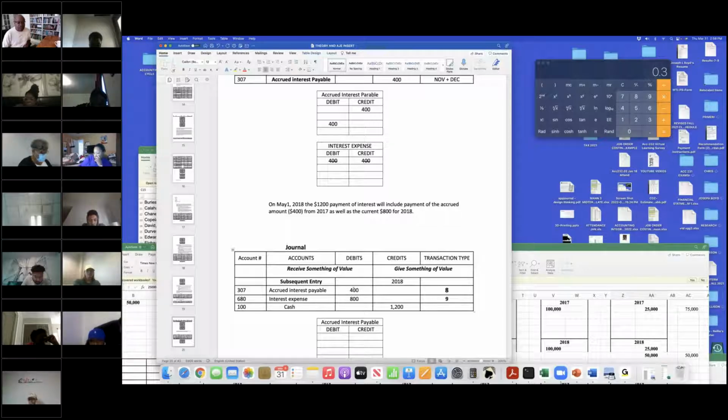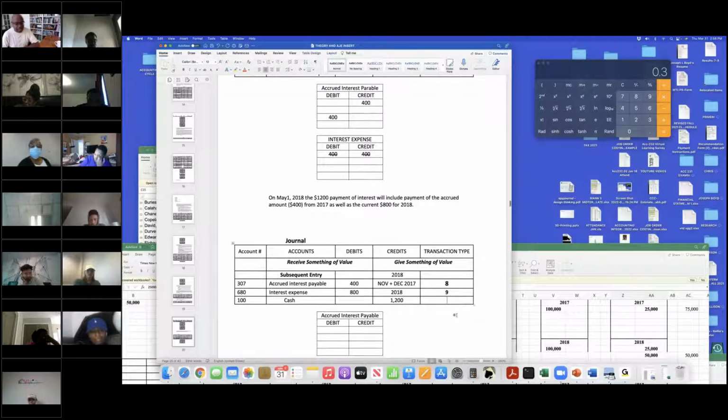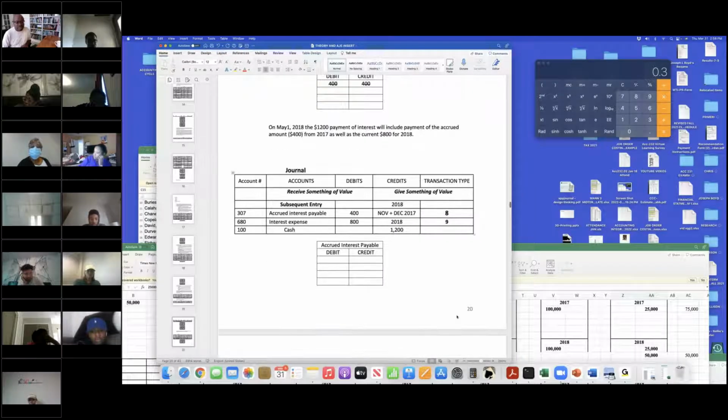So this 400 relates to November plus December of 2017. The 800 relates to 2018. Does that help any? Well, look at it and think about it, and we'll practice on it a little bit later today.